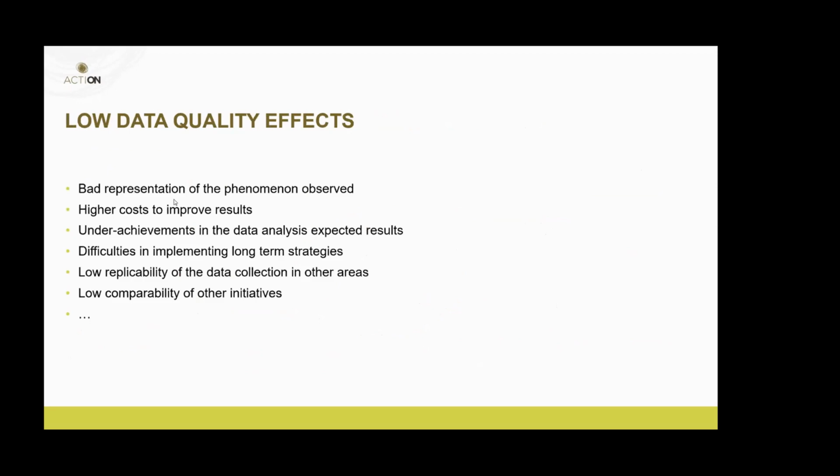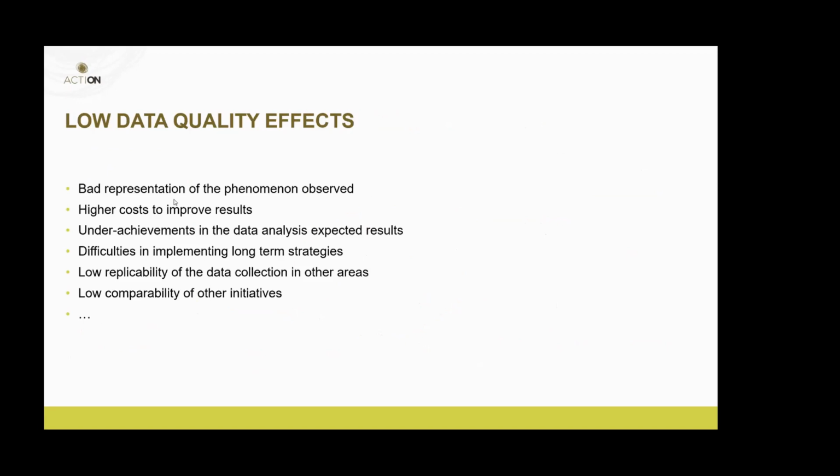What happens when data has low quality? What are the effects of low quality data? I listed here some of them, but there could be more. For example, a bad representation of the phenomenon observed, higher costs to improve results, underachievement in data analysis expected results, difficulty in implementing long-term strategies, low replicability.